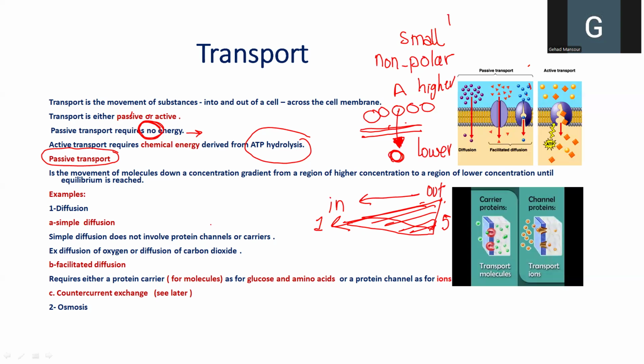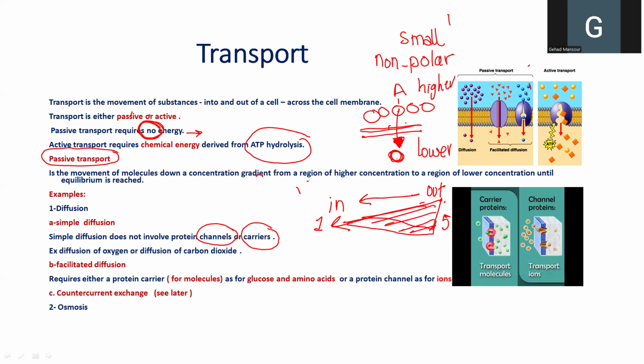The first one is simple diffusion. In simple diffusion, the substance passes just like I have just explained, and it needs no protein channels or carriers. We have seen the channels for ions, we have seen the carriers for large polar molecules, but since the particle is neither an ion nor a large molecule, it will be carried by simple diffusion.